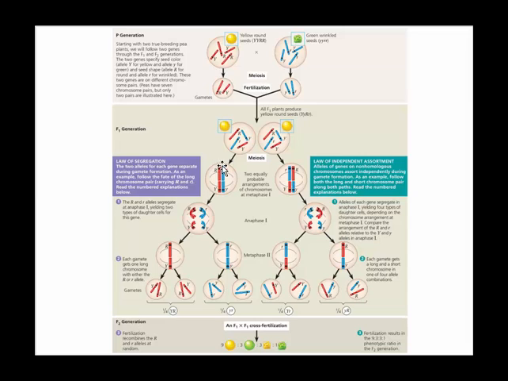Where do they go? What are the possible differences here? We see that independent assortment. You could have the different chromosomes lining up in different ways. You know about this or should know about this already. And then that segregation right here into the different daughter cells.